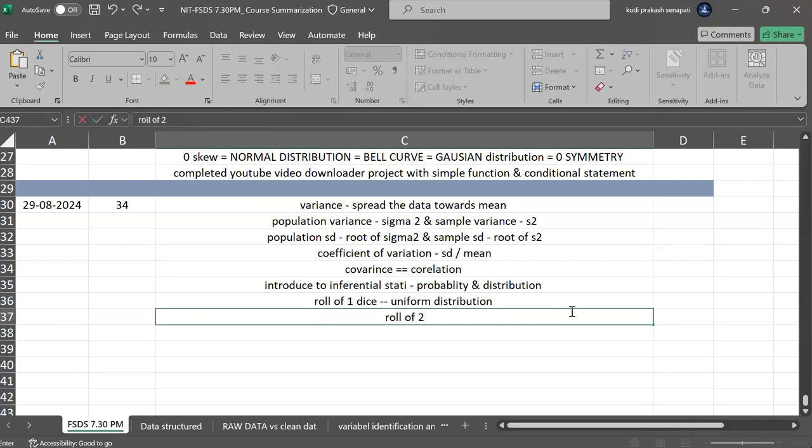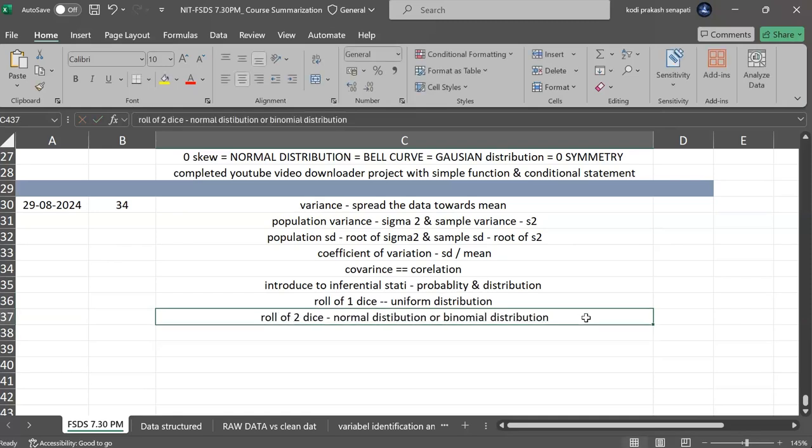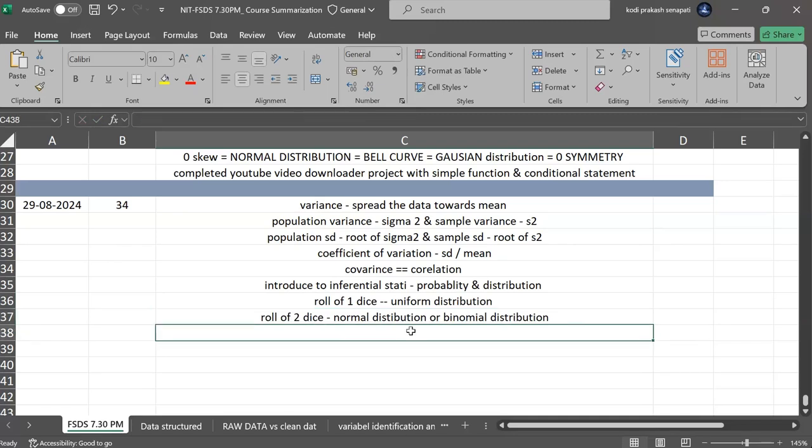And roll of two dice, normal distribution or binomial distribution. Am I clear? Are we covered? Whatever yesterday's topic, we just recall all those things, guys. Next one, distributions. Okay, bell curve, the Gaussian distribution, bell curve. We have all those things done. Roll of one dice, two dice.